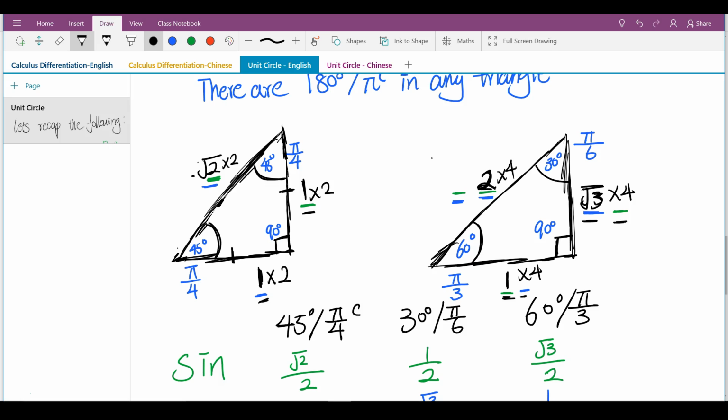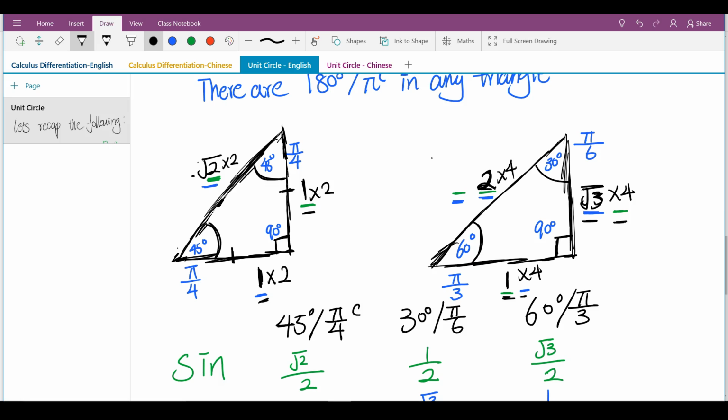The 1, 1, √2 and the 1, 2, √3 in these two unit triangles are just ratios, so you can apply a particular factor to them. It can be 2 or 3 or 4 or 100 or 1,000.